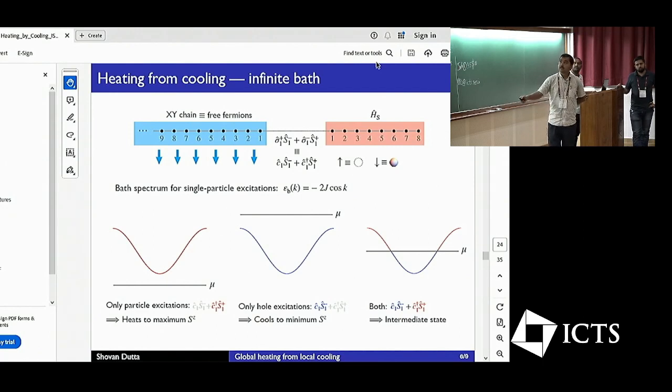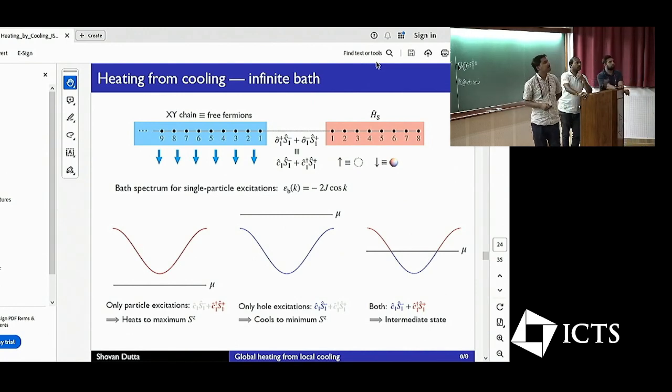No, so here I have Lindblad or some dissipators acting on the bath, which is bringing it down to the ground state of the bath. All this is relying on is that SZ is conserved and that is related to the energy. It thermalizes, but not at the temperature of the bath.